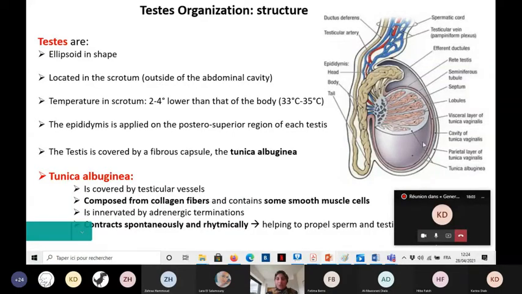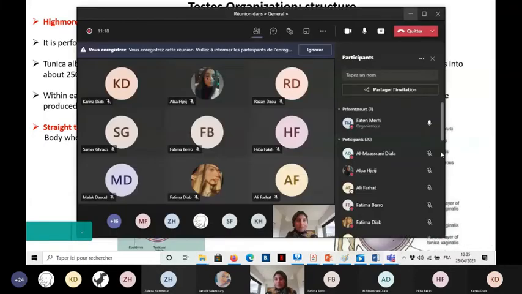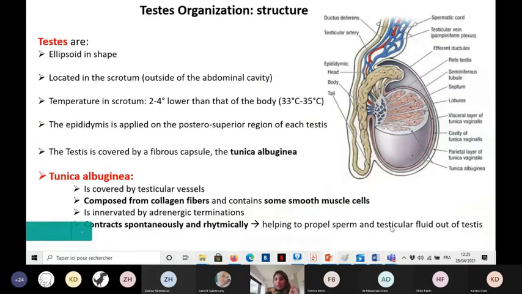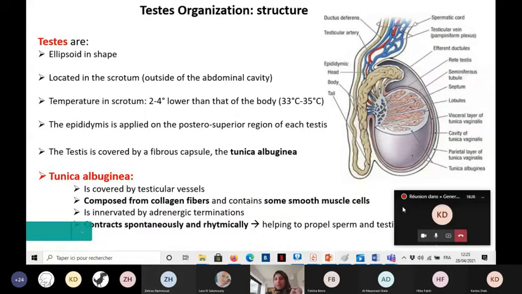It contracts spontaneously and rhythmically, helping to propel the sperm and the testicular fluid out of the testis.